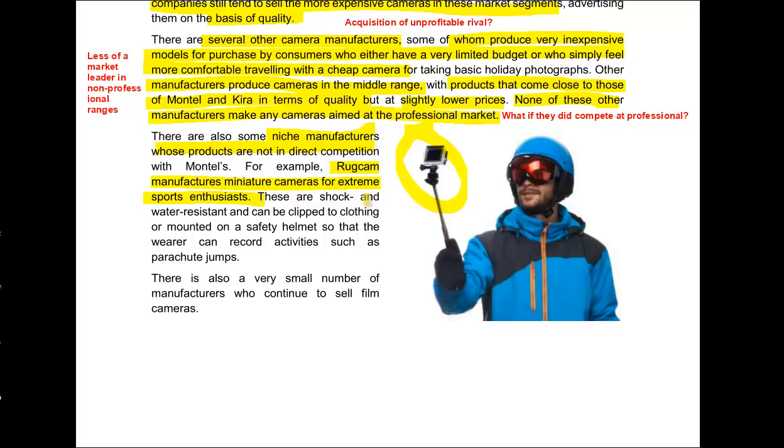So perhaps Montel will want to move into these more niche markets that have demand and have proven track records with RugCam or GoPro in this instance, and maybe launch an acquisition bid.